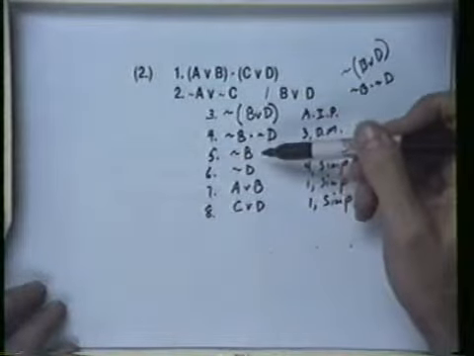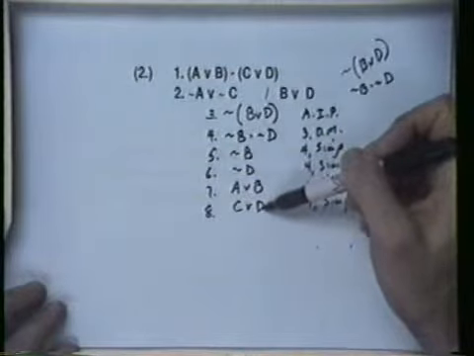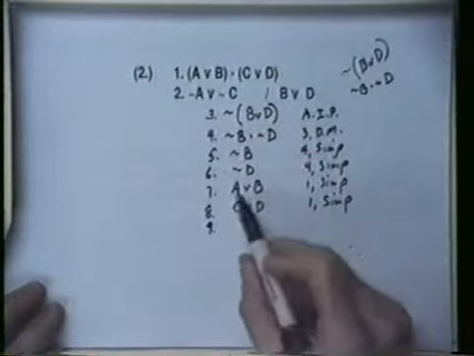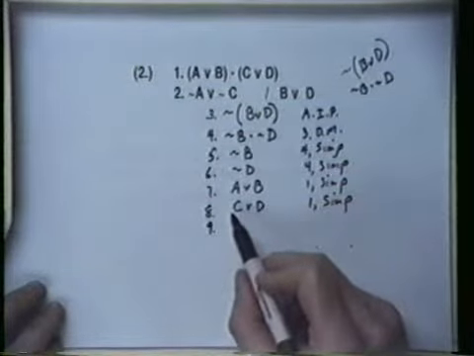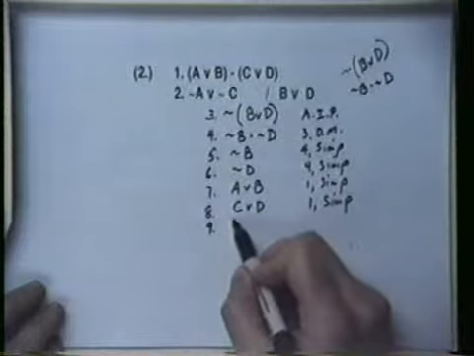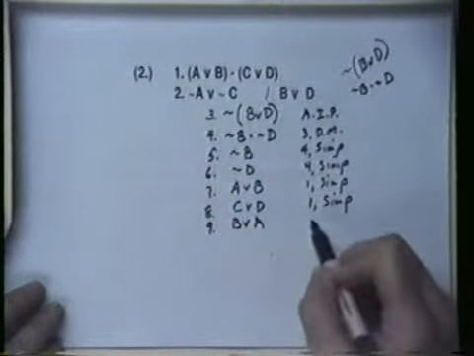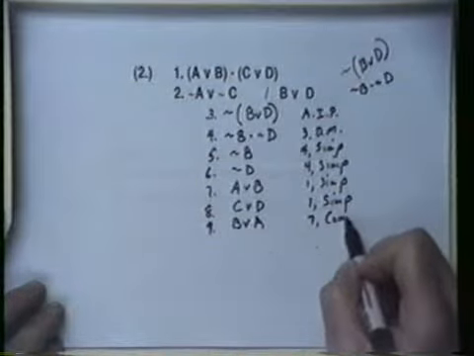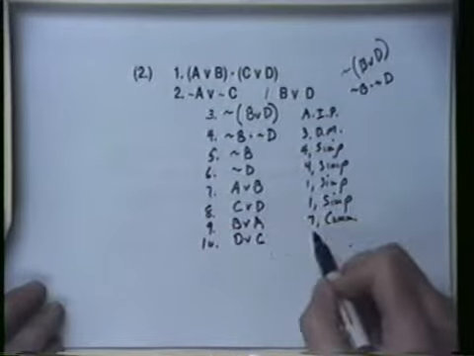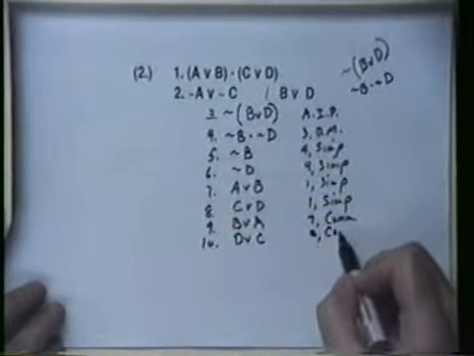And now you can see we've got the negation of this and the negation of this. Technically, however, we have to turn these, or commute 7 and 8, around in order to apply disjunctive syllogism. So let's get those little moves out of the way. So we have B or A, that's line 7, commutativity, and also D or C, line 8, commutativity.